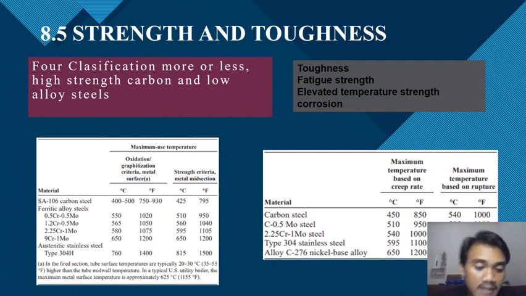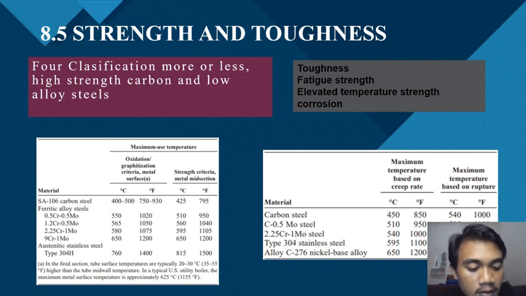And the short-time strength of some chromium-molybdenum steel is compared with low carbon steel. Rupture strengths from the creep deformation are given when temperature exceeds 540 degrees Celsius, which in Fahrenheit is 1000 degrees Fahrenheit.